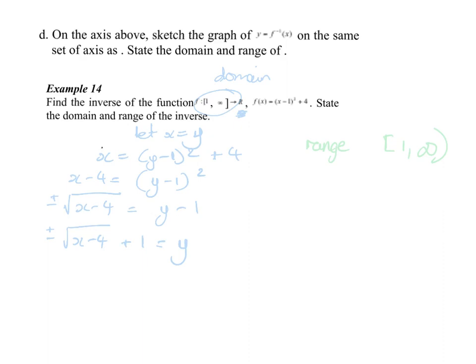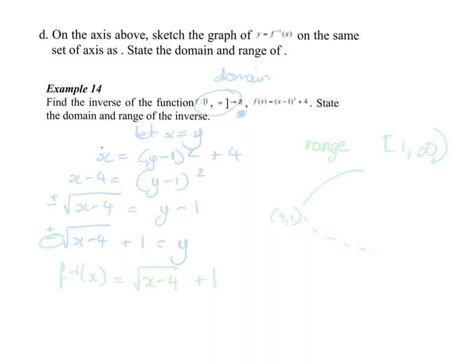And the square root function starts at 4 and 1, and we want the upper bit, all right? Remember, that's 4 and that's 1. We don't want anything below the 1. We're not interested in that bit there. So that minus is not what we're after. So my inverse function looks like this. f minus 1 of x is equal to the square root of x minus 4, only the positive bit, plus 1.